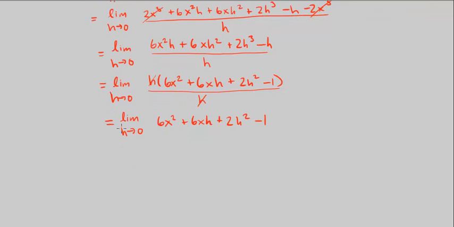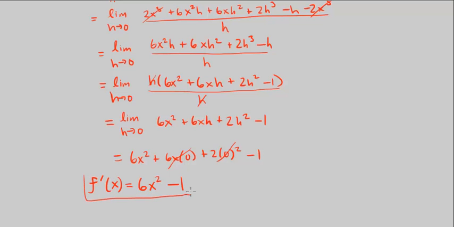So now we can go ahead and plug in h equals 0 to see what the limit is, right? So then we have 6x squared plus 6x times 0 plus 2 times 0 squared minus 1. These terms become 0, so it's just 6x squared minus 1. And remember, on the left here, this is f prime of x, our derivative, right?